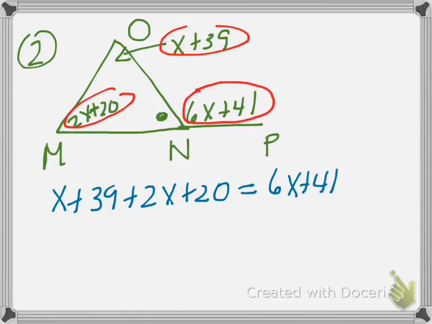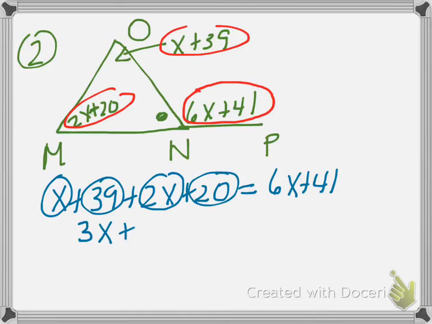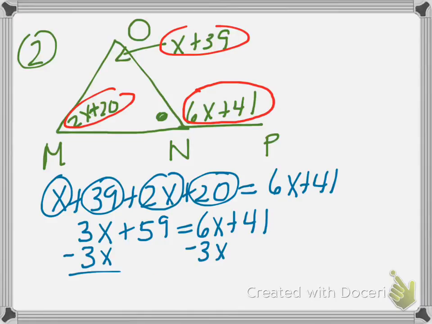Okay, so if you combine like terms, you have an x and a 2x, that gives you 3x. Then you have 39 and 20, that gives you 59. And that has to equal 6x plus 41. So if you subtract 3x from both sides, you get 59 equals 3x plus 41.